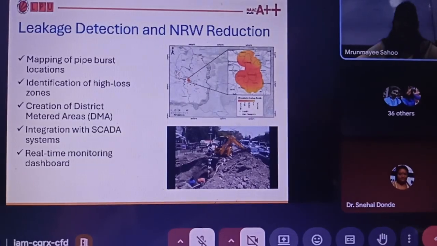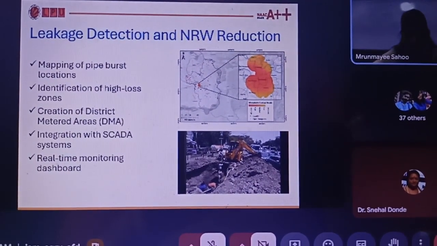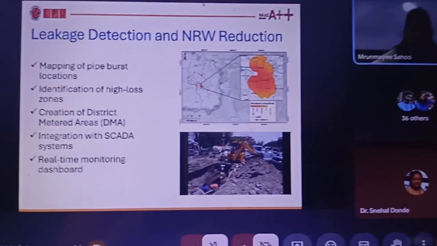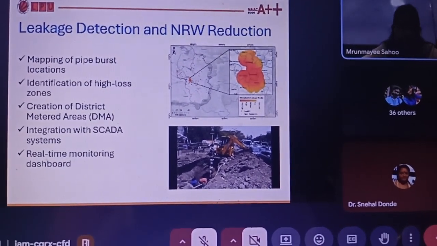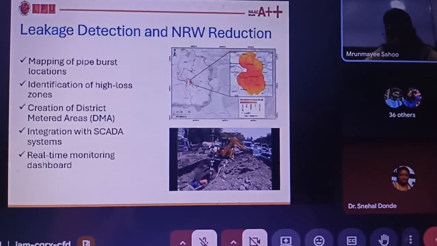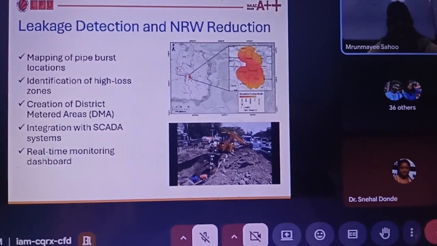So, as I say, leakage detection and NRW, non-revenue water loss reduction, will be very important for us when we go for a smart water distribution network. Here you are seeing a particular area where there is leakage or pipe bursting. Why does the pipe burst?